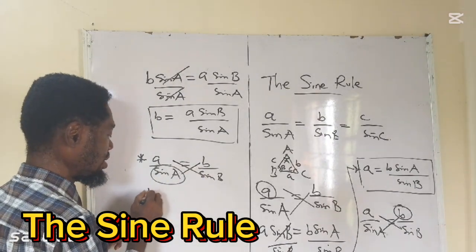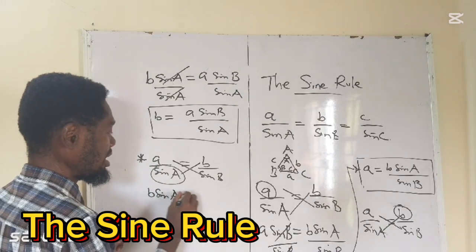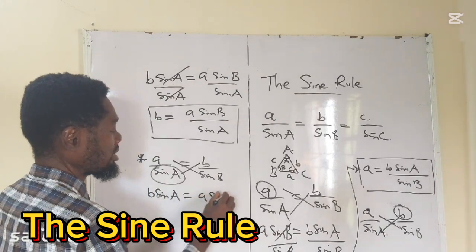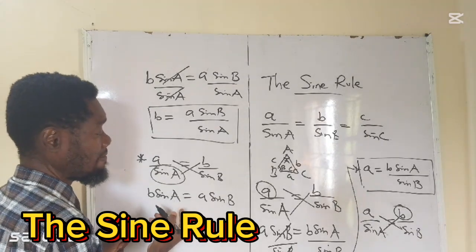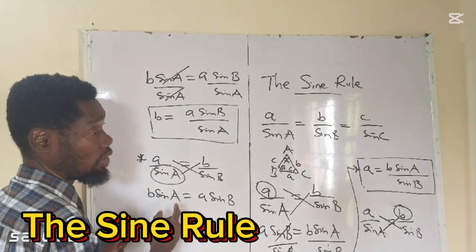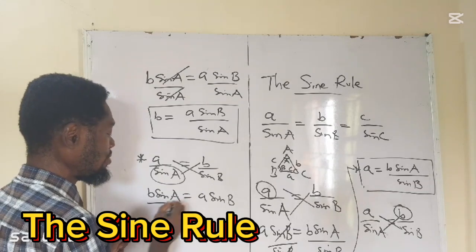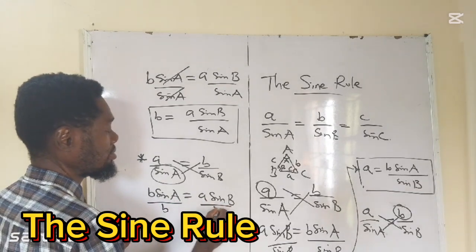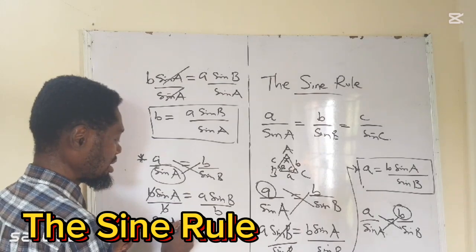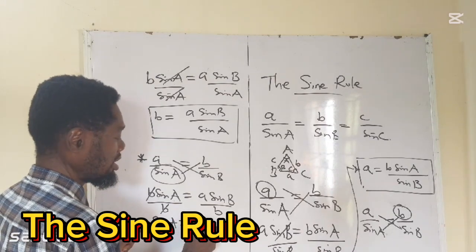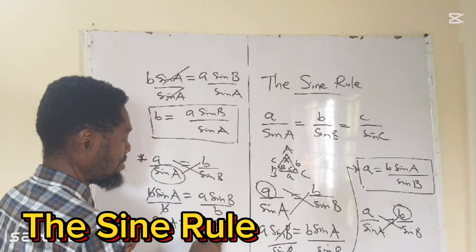We have b sine A equal to a sine B. We're looking for sine A, so we divide both sides by b, and this cancels. You have sine A equal to a sine B over b.